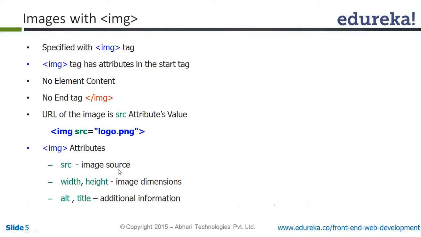As I said, source is for the image source, and if you don't specify the width and height of the image, that is, the dimensions of the image, then when the browser fetches the image, it will determine the width and height and display it with those dimensions. Sometimes some browsers might choose to display it at 50% if it is too big. And there are the alt and title attributes. We'll look at these in detail later.